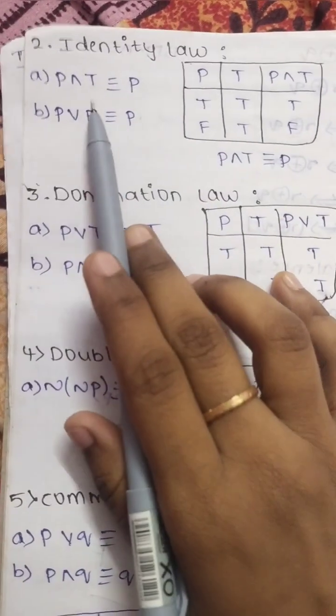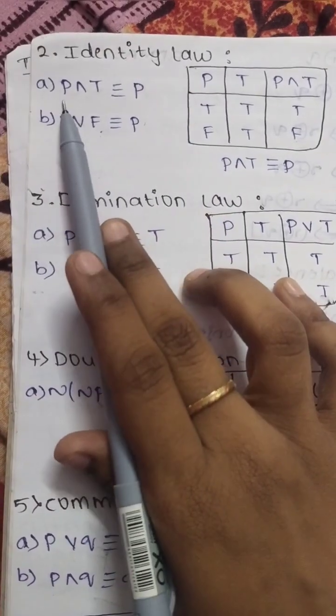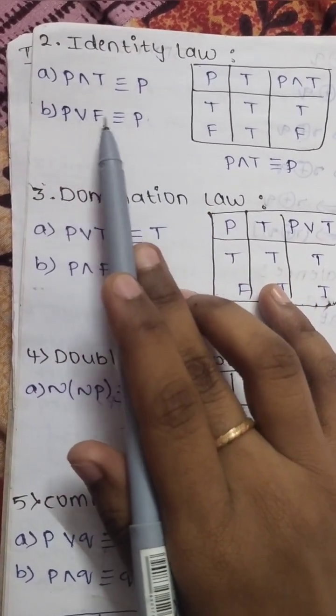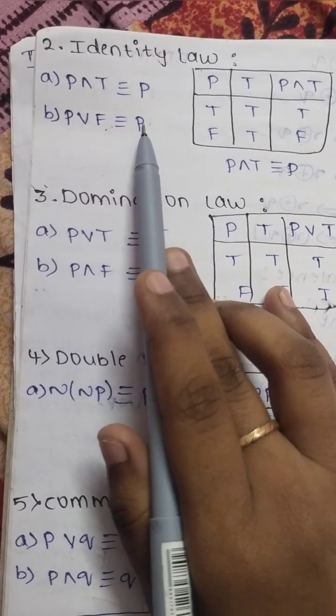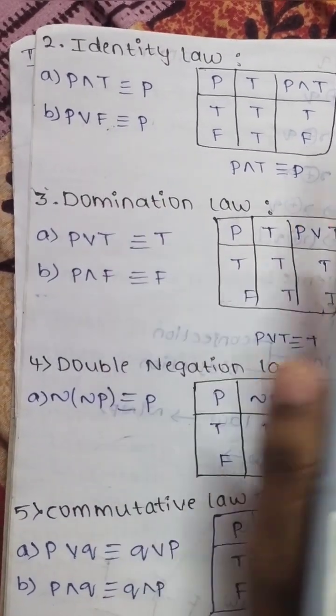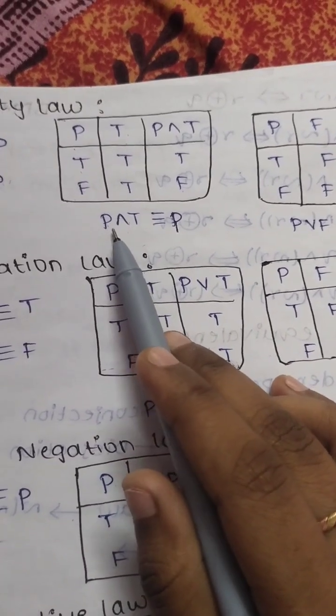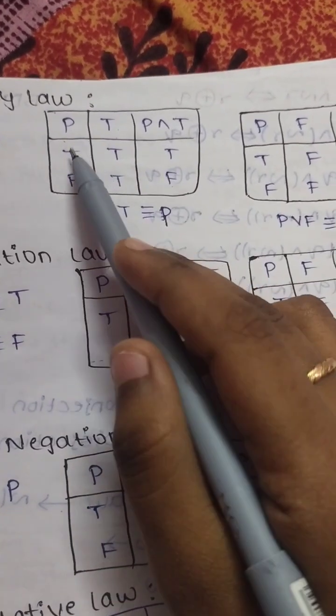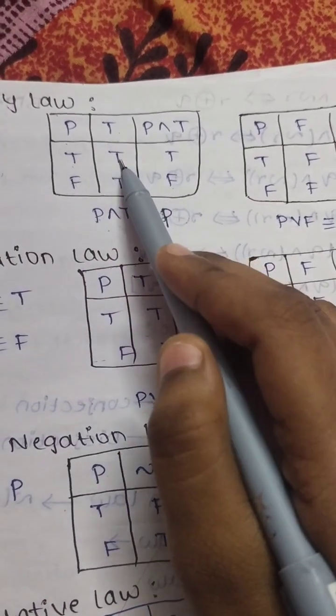Okay, next, second law. So second law is identity law. P and T is equivalent to P, P or F is equivalent to P. What is T? T means true, F means false. Doing the first condition, P and T is equivalent to P, P is true, false, T means true.